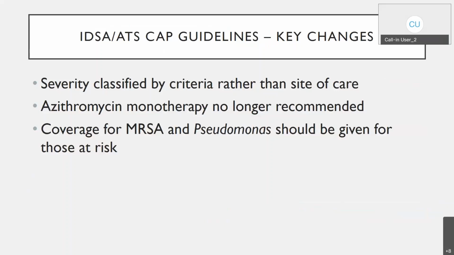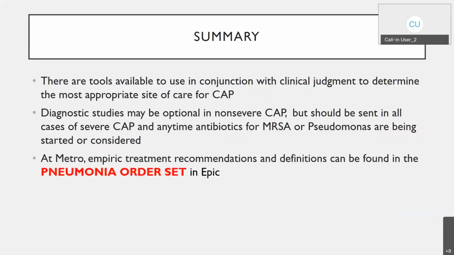So to summarize, the key changes in the 2019 guidelines are that severity is classified by criteria rather than the site of care. Azithromycin monotherapy is no longer recommended for outpatient or inpatient pneumonia. And coverage for MRSA and Pseudomonas should be given for those at risk. There are tools available to use in conjunction with your clinical judgment to determine the most appropriate site of care.